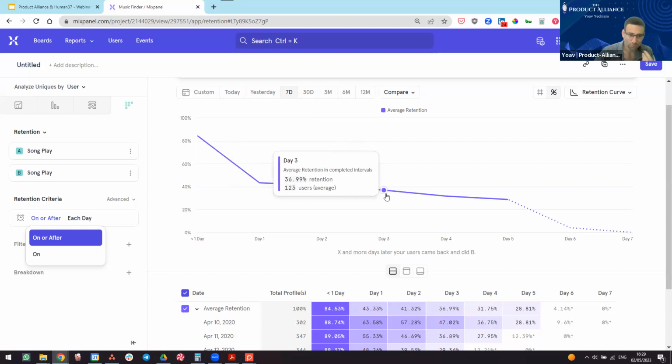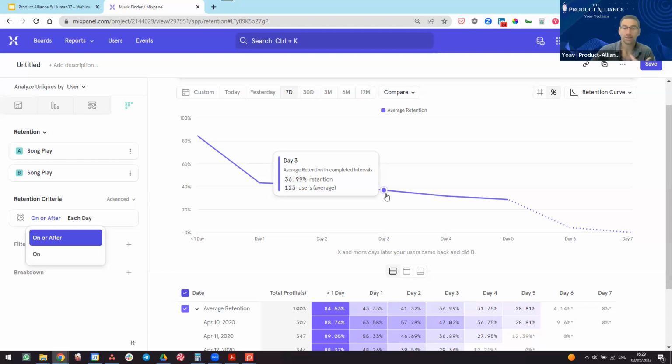And let's say on day 3, which means 3 days from then, we had about 37%. Now, what does that mean? It doesn't mean that if someone's first time was on Sunday, then we have Monday, Tuesday, Wednesday, and 37% of the people that came in on Sunday came back on Wednesday.